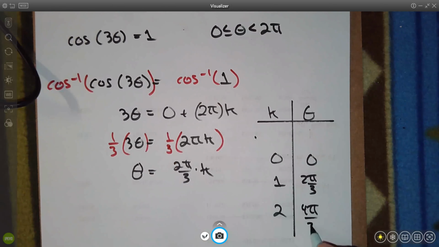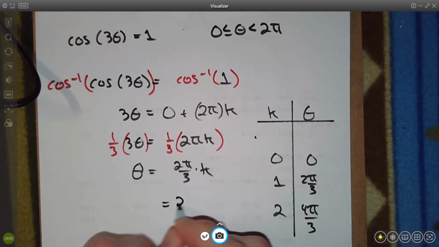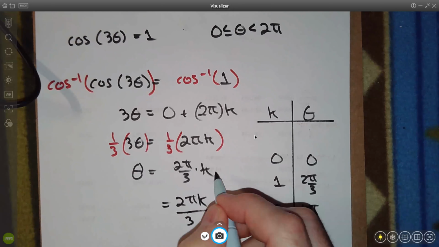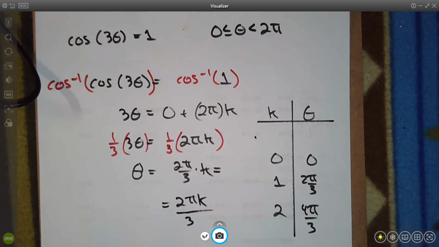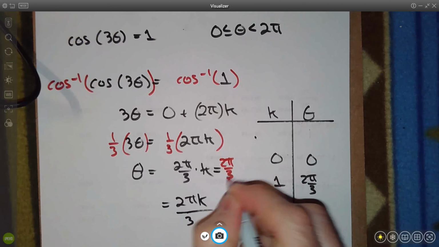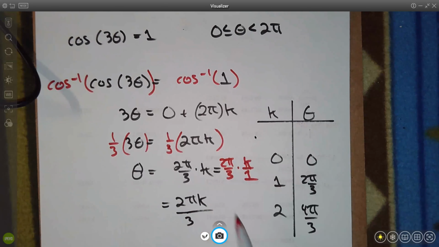You only multiply the numerator. So maybe I should write it as 2 pi times k all over 3. To see that, you could write this as 2 pi over 3 times k over 1. That's how come the k is in the numerator and not in the denominator.